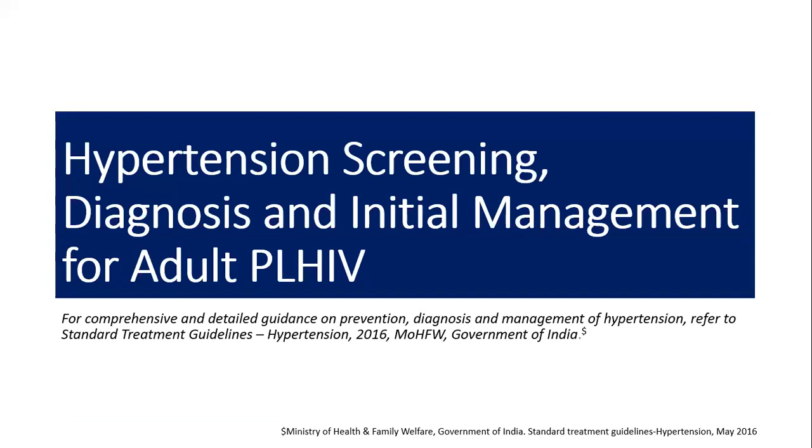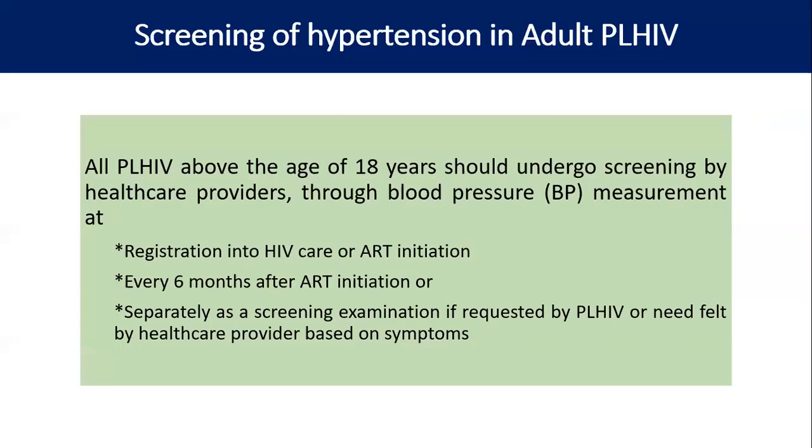Now, coming to the specific NCDs like hypertension, its screening, diagnosis, and initial management in adult PLHIV in the ART center. The current guideline recommends that all PLHIV above the age of 18 years should undergo screening by healthcare providers through measurement of blood pressure with standard equipment, once at registration into HIV care or during ART initiation, and thereafter every 6 months after ART initiation.